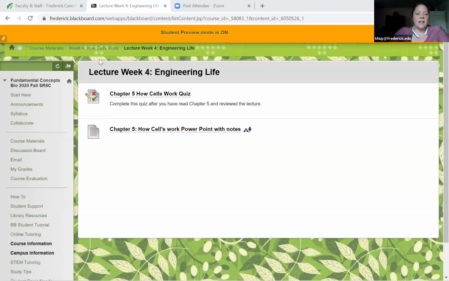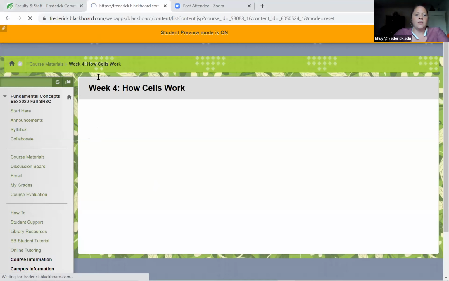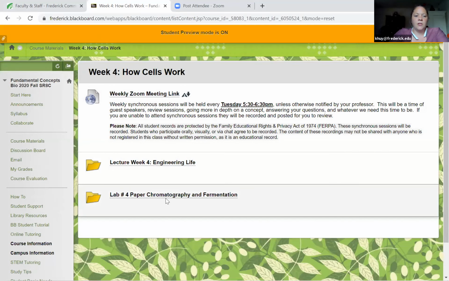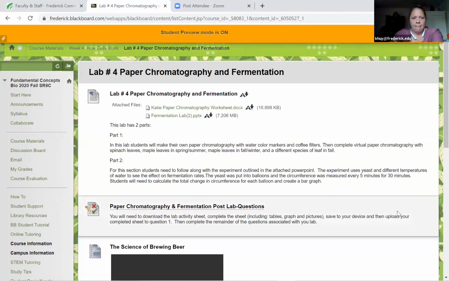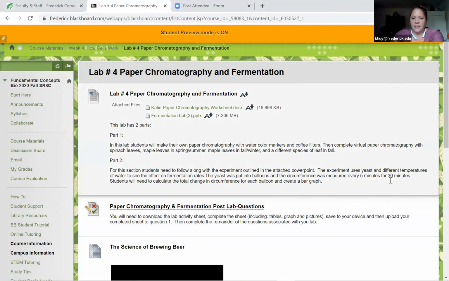Okay, so that's everything that you'll find and need to look through in your week 4 lecture folder. When we go back out and we come here to our lab 4, paper chromatography and fermentation, this is a 2-part lab, and I am very excited to share this with you.